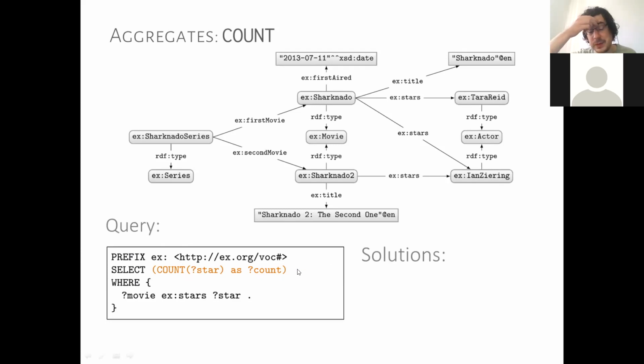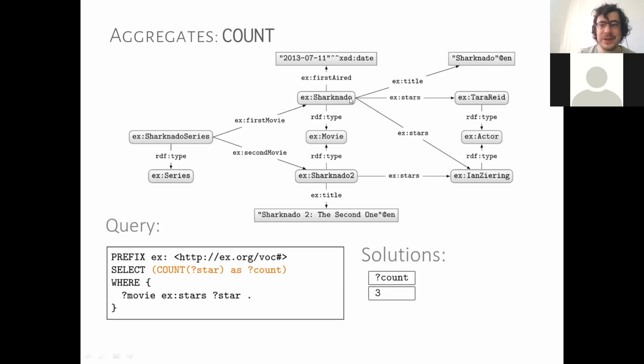So how many solutions would we expect here? Anyone want to guess? So we might be expecting 2, right? Because if we look here, we say 2, but we'll actually get 3. So why do we get 3?